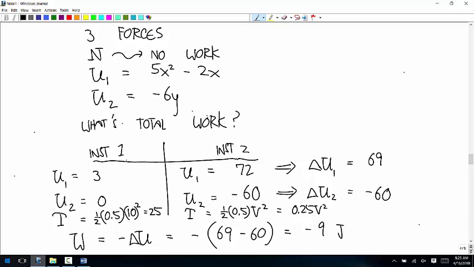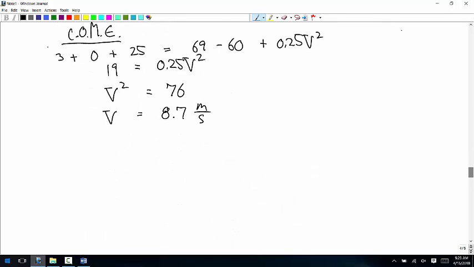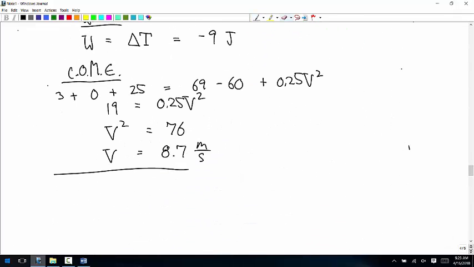Integrate those two functions. Yeah, you can integrate that. Okay, let's do it.